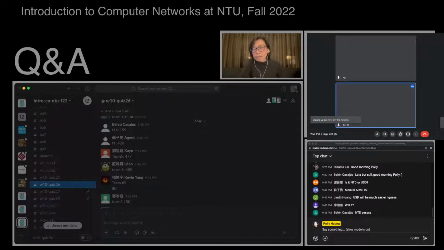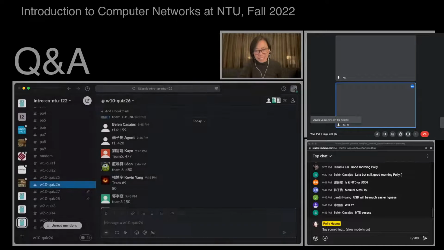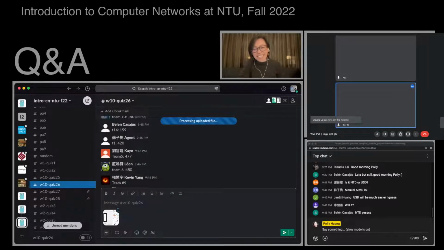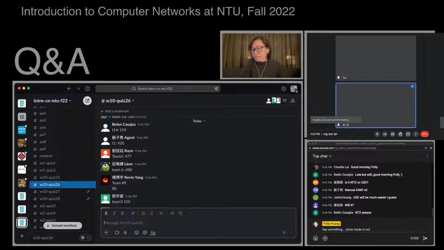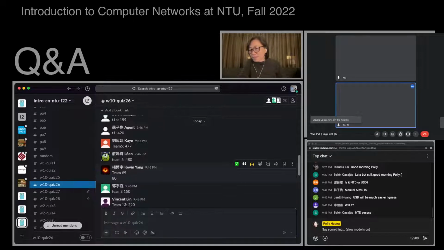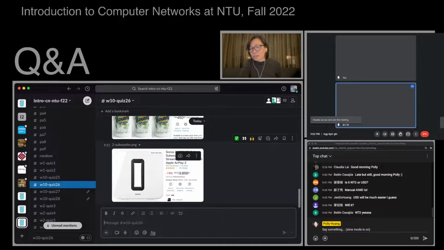It's on Polly's Christmas gift list. Polly's wish list. Did it show? Yeah, it showed. So this is it. It's a subwoofer of a really nice stereo system, a sound system.